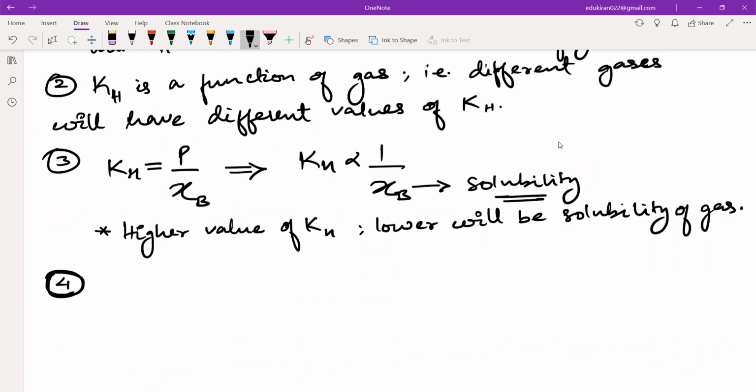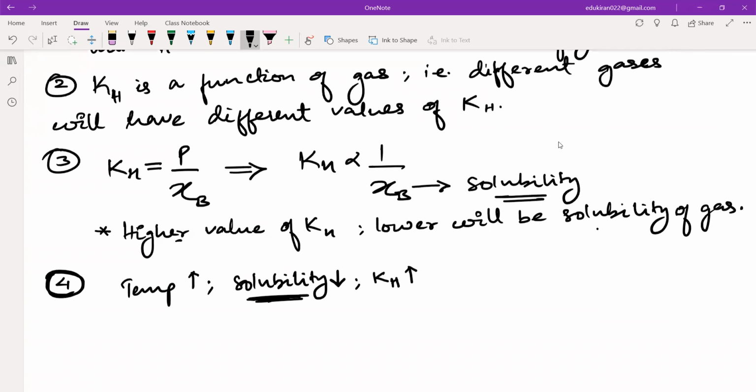So we have already seen that if I increase the temperature, the solubility of gas in liquid decreases. If the solubility is low, will KH be high or low? It will be high, because a higher value of KH means lower solubility.